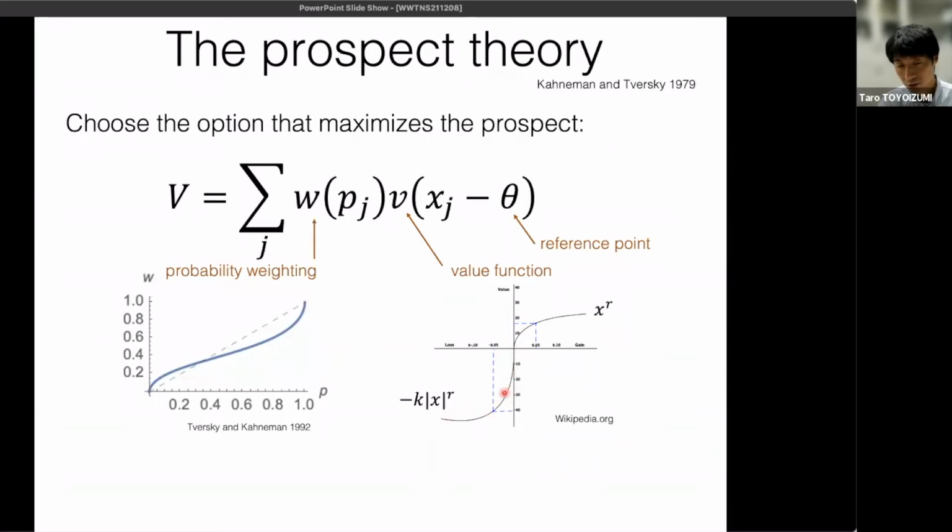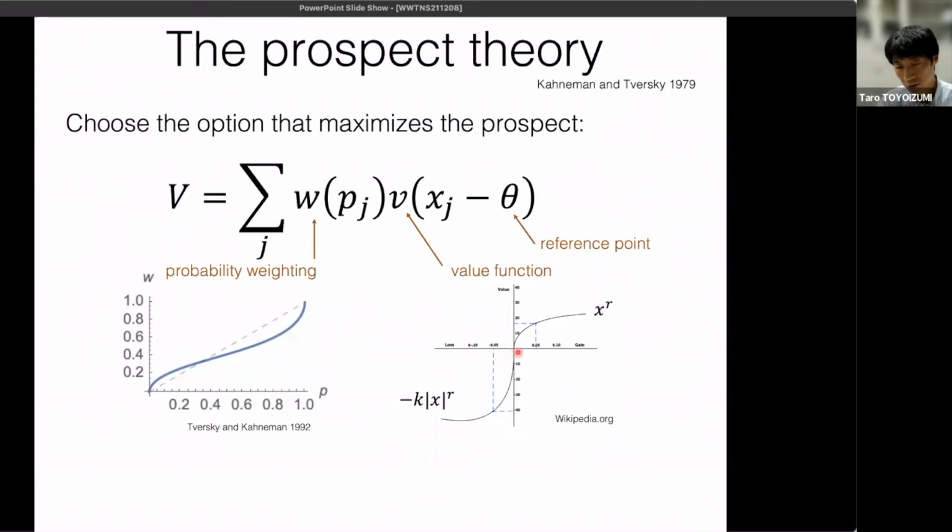Relatively speaking, the negative loss part is magnified by some factor k greater than 1 with respect to the positive part. This k factor is called the loss aversion factor.